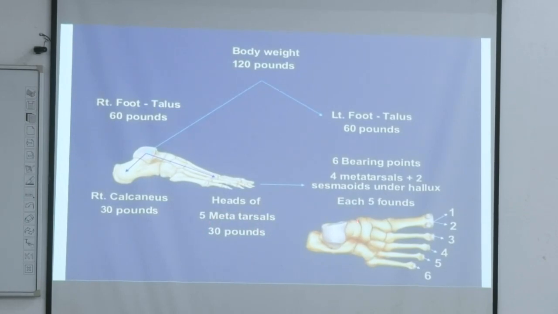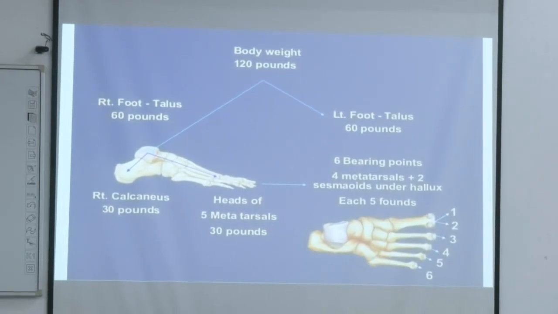So 30 pounds will be divided into 5 pounds each. Okay. So what are the 6 bearing points? Heads of the 4 lateral metatarsals, and 2 sesamoid bones under the hallux. So 6 bearing points are present. So that's how the body weight is transmitted in each foot.